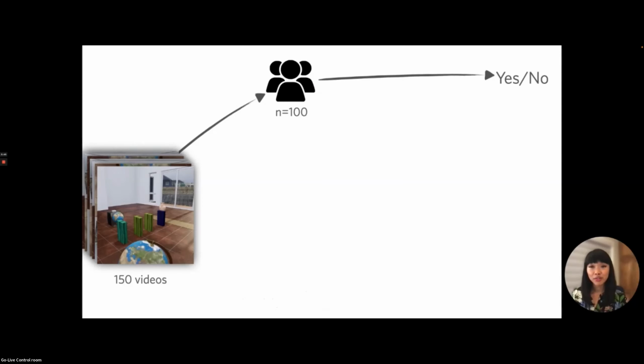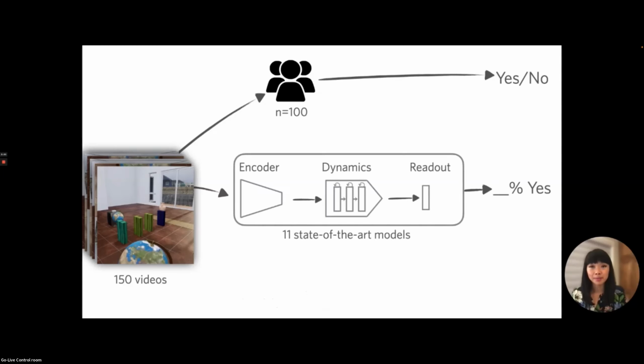And for each of the 150 videos in a given scenario class, we collected predictions from 100 human participants. In parallel, we elicited predictions from 11 state-of-the-art models on exactly the same set of videos.